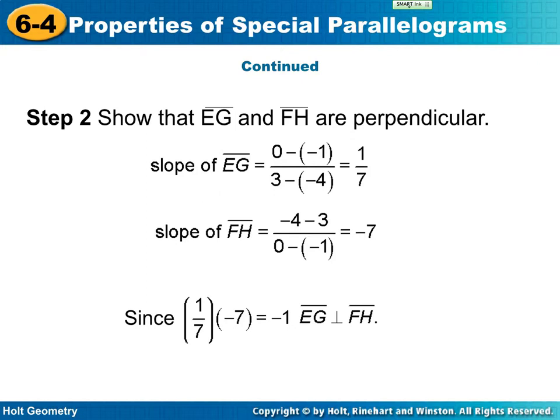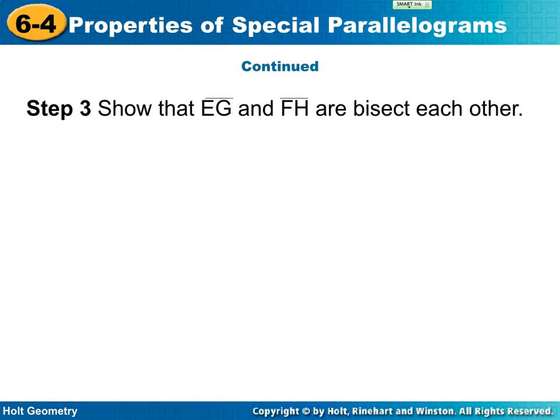Okay, so we've done congruent, perpendicular, and bisectors. So what formula did I say could work for the bisecting part? Midpoint. So the third part, show that those diagonals bisect each other. And what formula are you going to use? Midpoint. Use the midpoint formula. Make sure you're doing the midpoint of the diagonals.